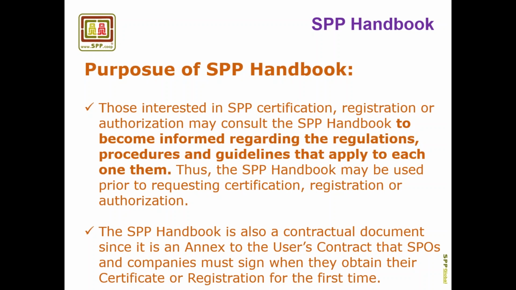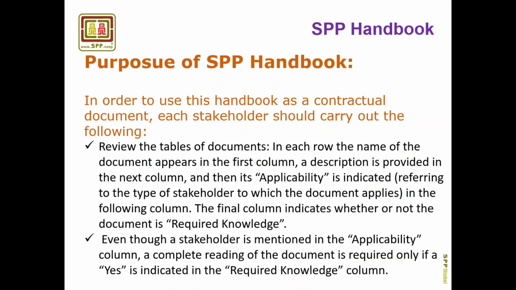Then the SPP handbook is also a contractual document, since it is an annex to the user's contract that SPOs and companies must sign when they obtain their certificate or registration for the first time. In order to use this handbook as a contractual document, each stakeholder should carry out the following: review the tables of documents.